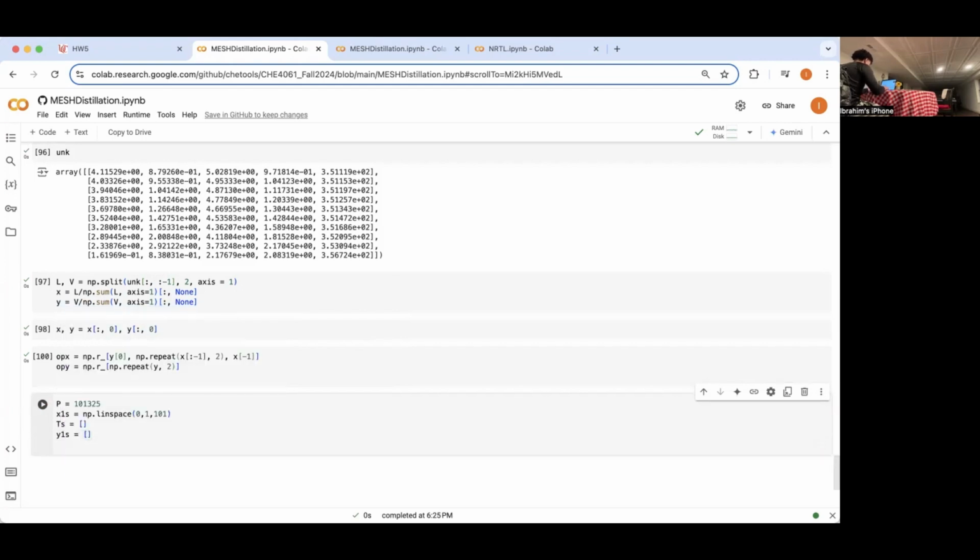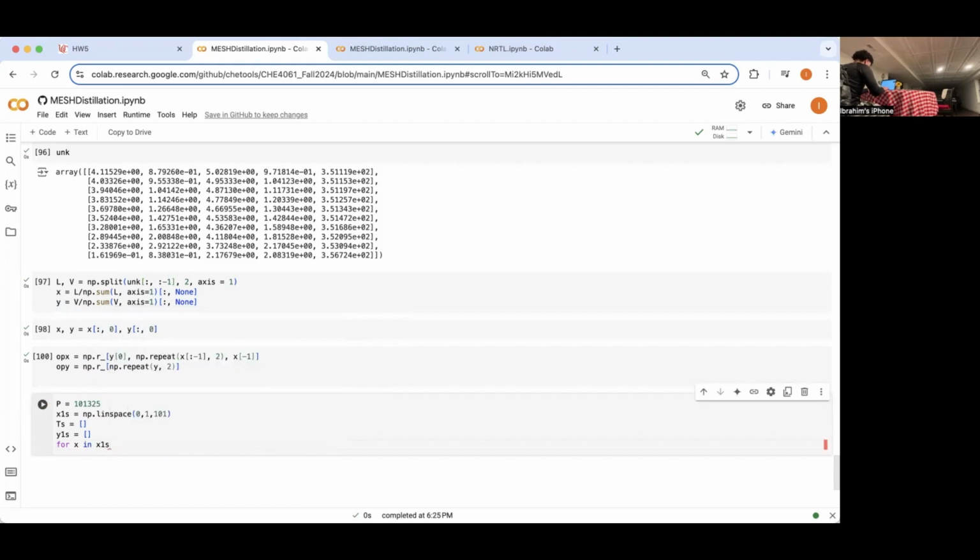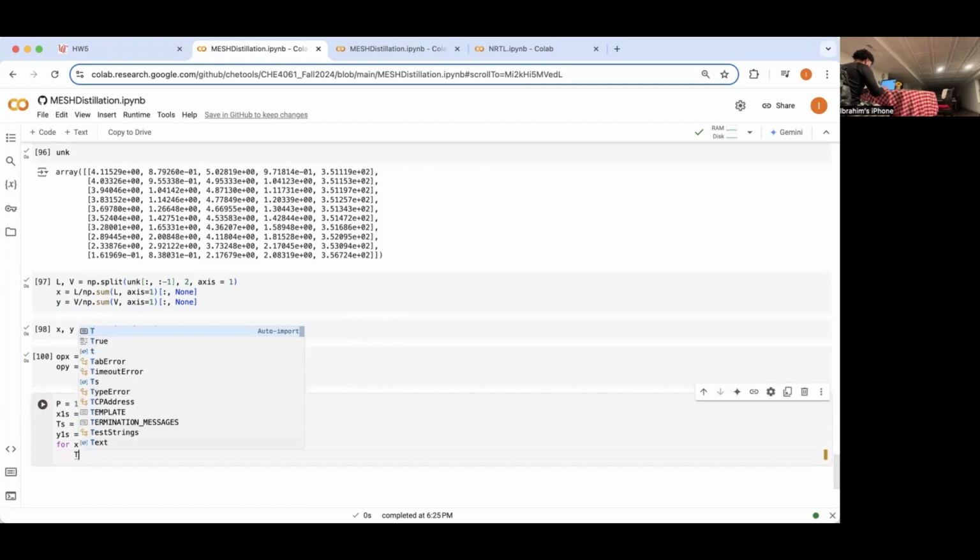Okay, and then we can go ahead and set another for loop here. So if x is in our x1s, I think we need that here. Our T, so our temperature here, and then our Y. Oh man. Go ahead and pause this again.